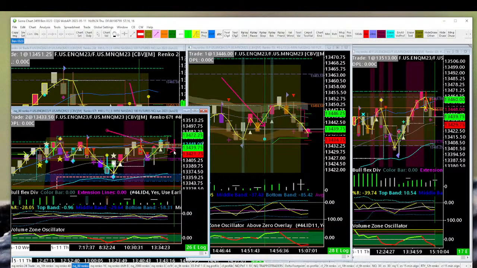That one, you can see, is still open, right? It hasn't closed. So we don't know if it's going to close up at 13,472.25 or at 13,421.75. We also don't know if it's going to be pink or not because it's not closed. And in addition, if you look at these on the bottom, we don't know whether that line is going to be touching the MA or whether this line is going to be crossing the 0 line. We don't know until it closes.